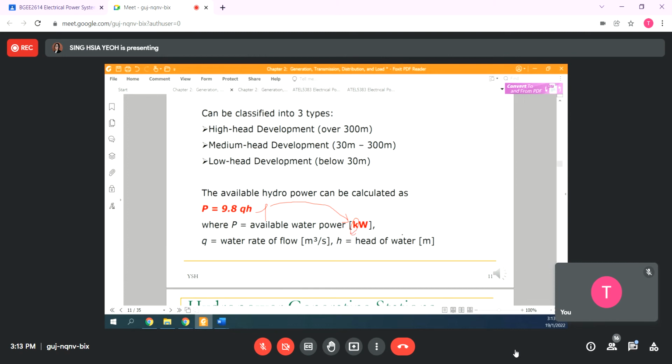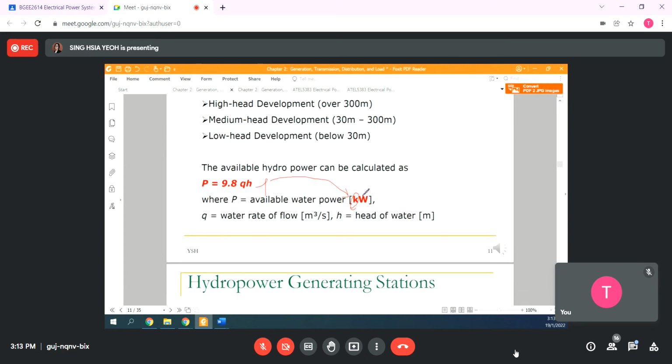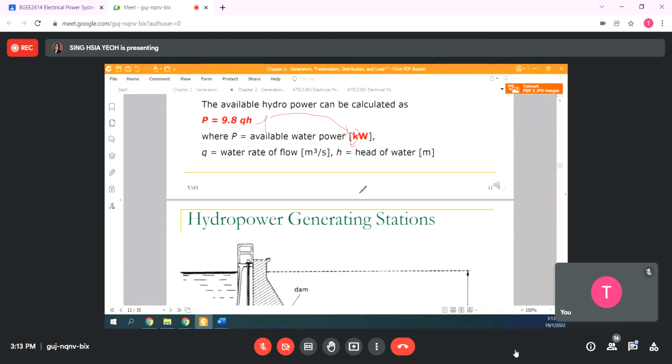If you use this formula, then after you get the answer, you need to put in a K, because the original formula has rho, the water density, which stands for this 1000.